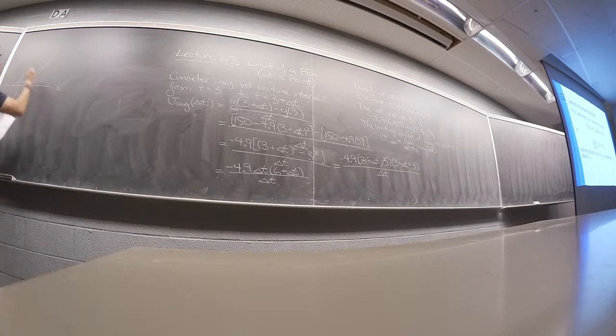You're supposed to have the graph of a function. Okay, that's our point A. If as we approach A, our function approaches some value L, then we say that the limit as x approaches A of f is equal to L.